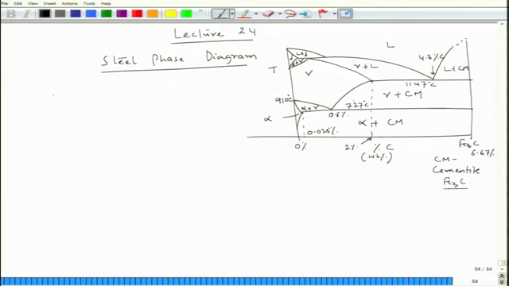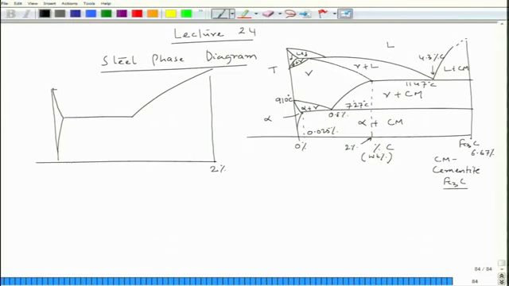So let us draw the steel part only. This is my steel part.